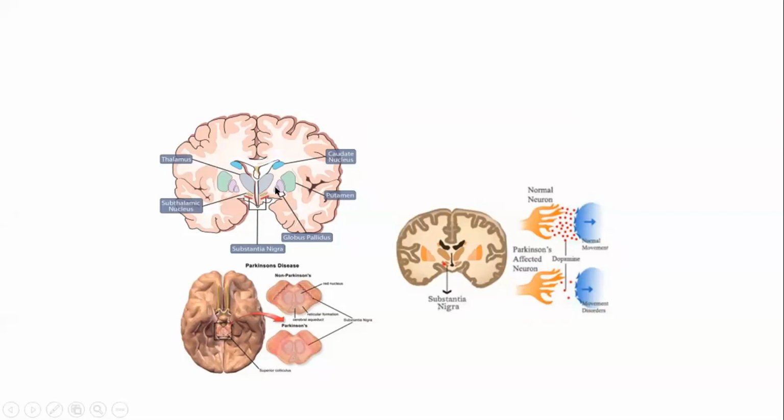So if you have loss of dopamine, and these nuclei that are responsible for producing dopamine, definitely the motor system will be affected. At the end of the day, the person will present with abnormal movements.